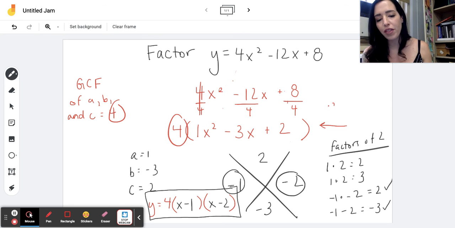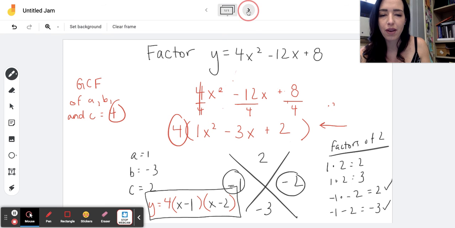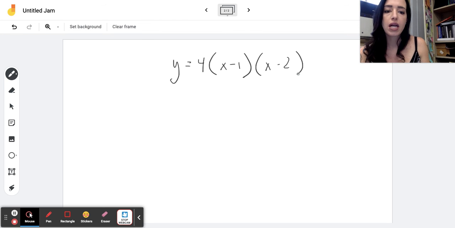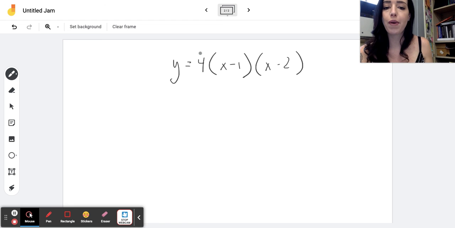All right, one more thing I want to show you. Sometimes, I'm going to go to the next slide. So if we have y equals 4 times x minus 1 and x minus 2, sometimes people will look at this as being not finished. And what they'll do is they'll distribute this 4 into the first set of parentheses.